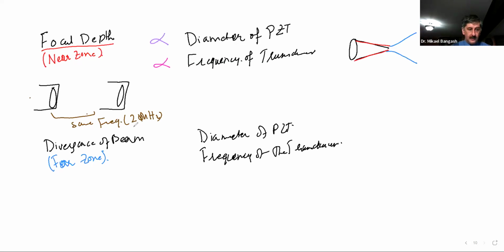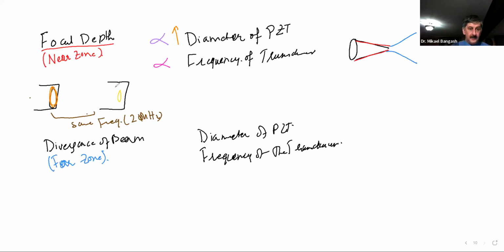But they vary in one case. Let's say one transducer is going to have a big PZT, and the other one is going to have a small PZT.